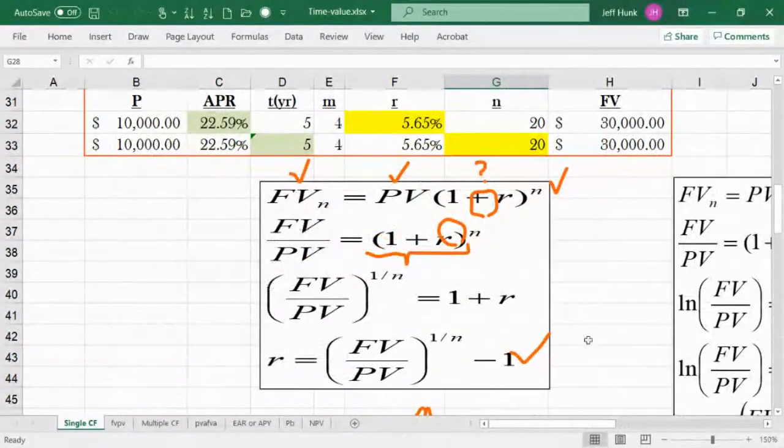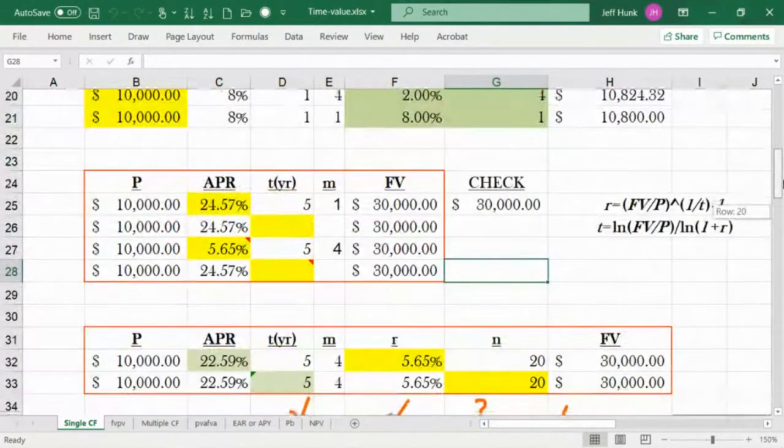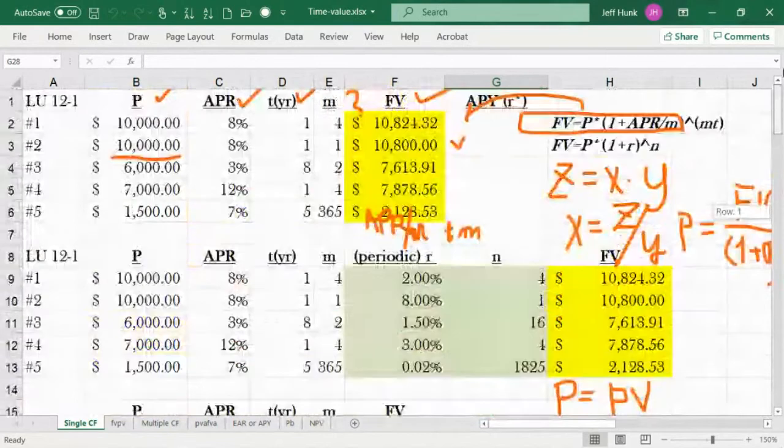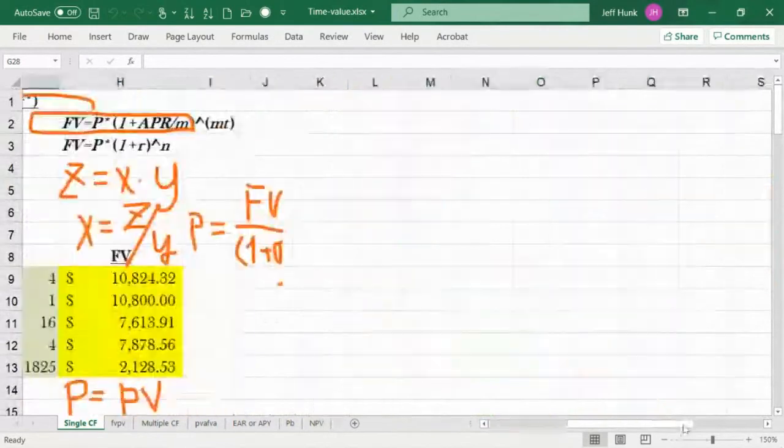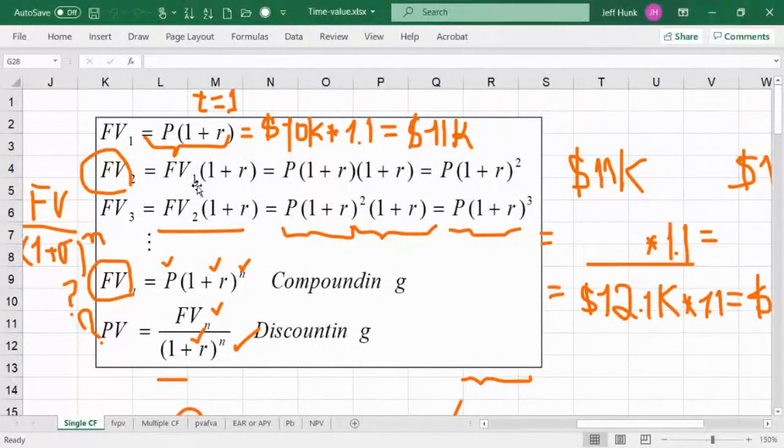The reason we did this is because of 4 variables. The formula consists of 4 variables. Future value is the unknown here, right? You don't know the future value, but you know the principal. You know the interest rate.